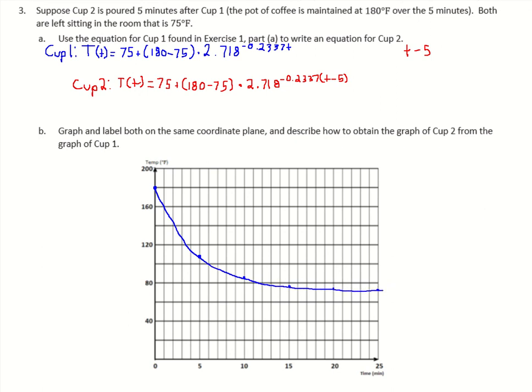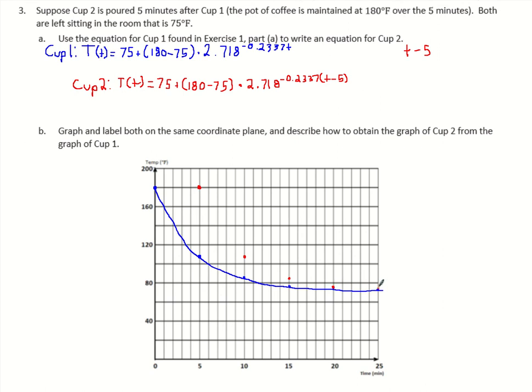Now, what we know is that our second graph at 5 minutes is going to be where our first one was at 0 minutes. At 10 minutes, it's going to be where our first graph was at 5 minutes. At 15, it's going to be where our first graph was at 10 minutes. At 20, where our first graph was at 15 minutes.